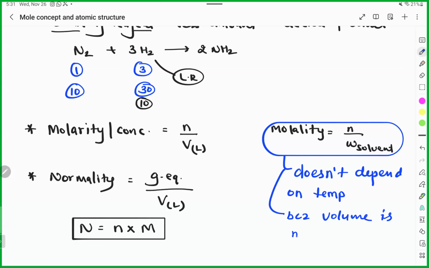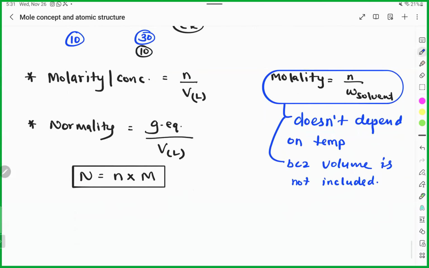And you know, whenever temperature is changed, volume will change, and your molarity, normality, everything will change. Okay, everything will change except molality. So it is a good way. If you want to calculate, you should use molality.